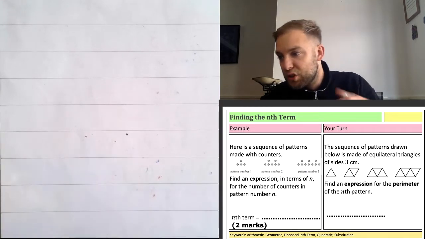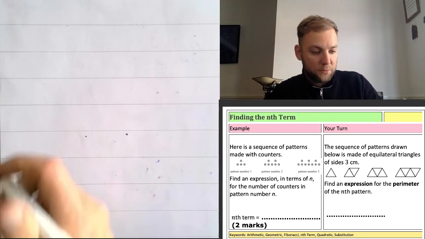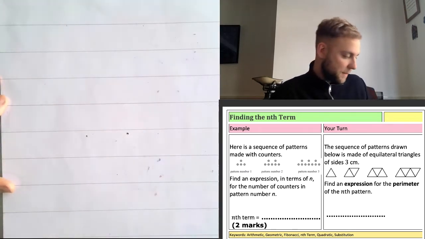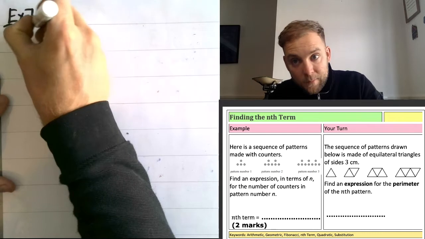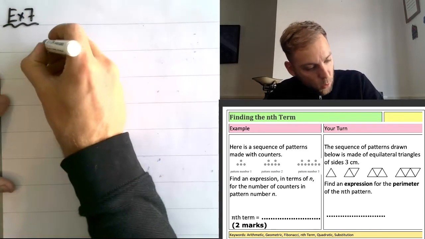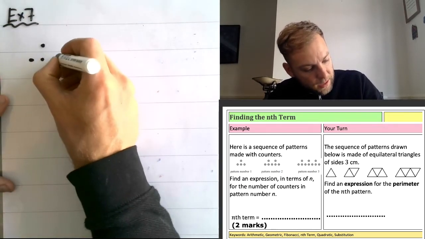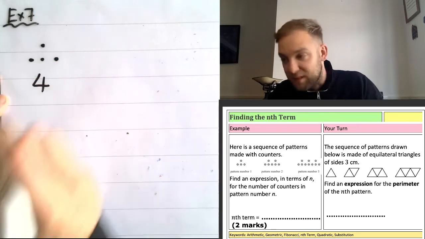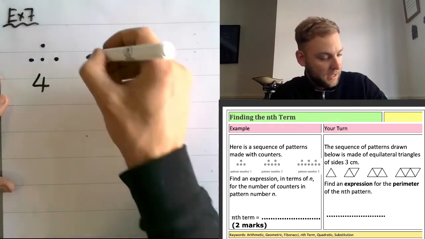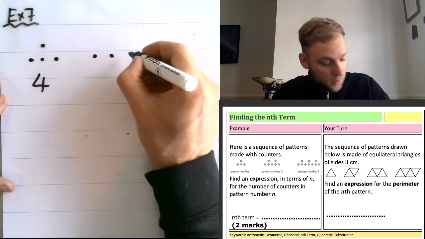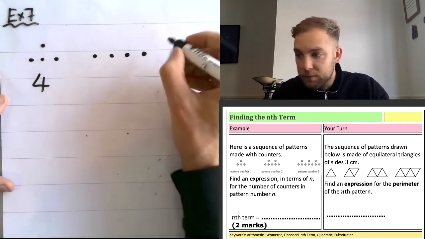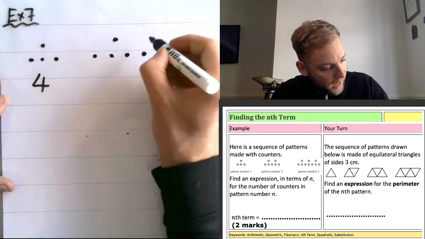Now we do that if it's just the number of counters. Well, I'll draw this one here. What example was this? Example 7, is it? So we've got 1, 2, 3, 4. So my first term is 4. Nice and easy. Then it's 1, 2, 3, 4, 5, and then 1 there, and then 1 there.